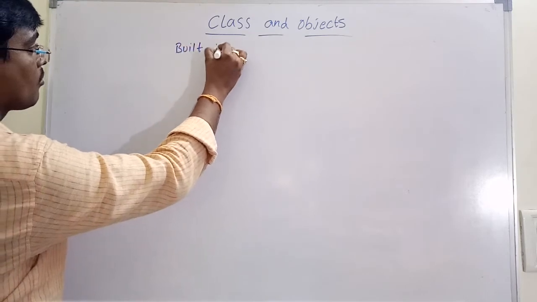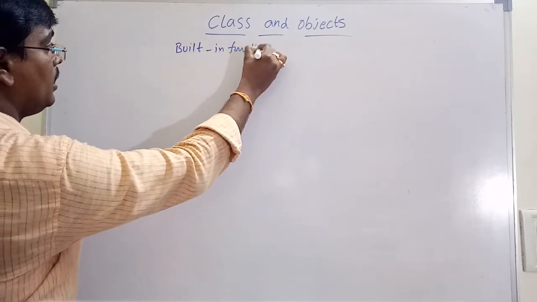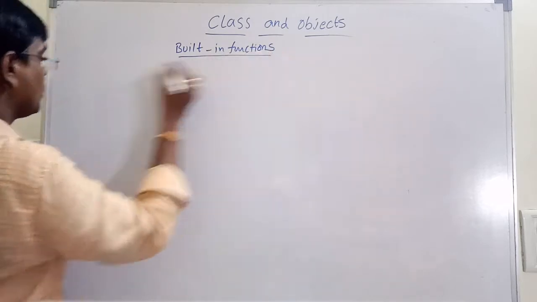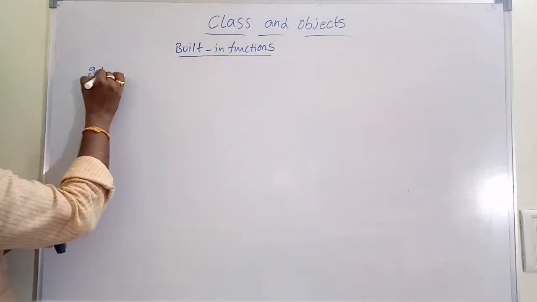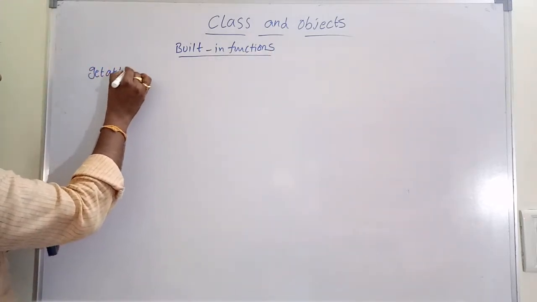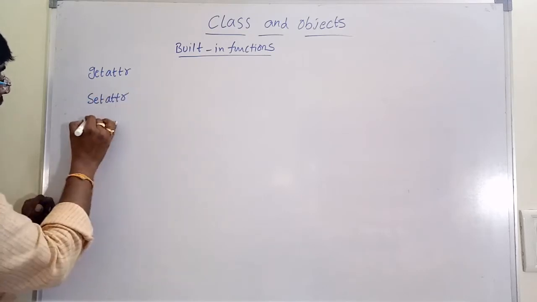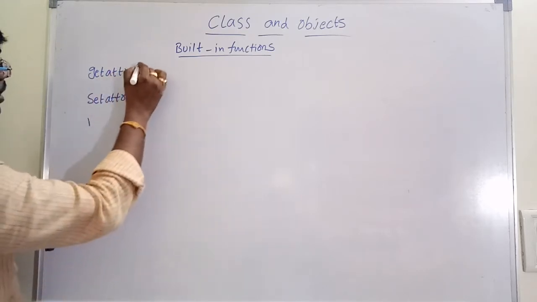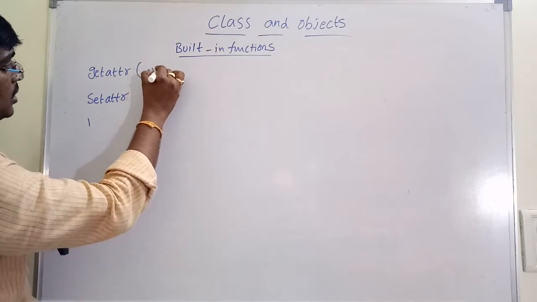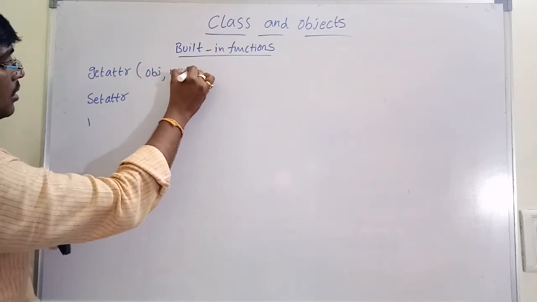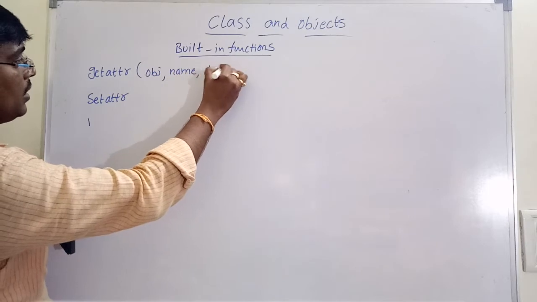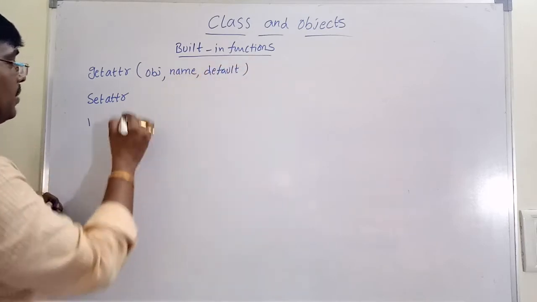Built-in functions in a class. The different built-in functions are getattr, setattr, delattr, and hasattr. Get attribute takes the object name and the attribute name, with an optional default.